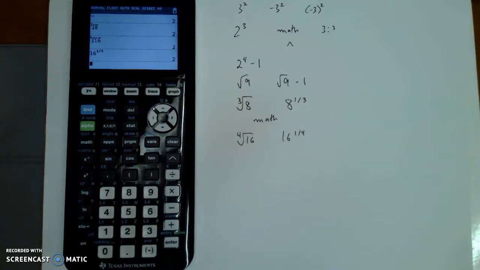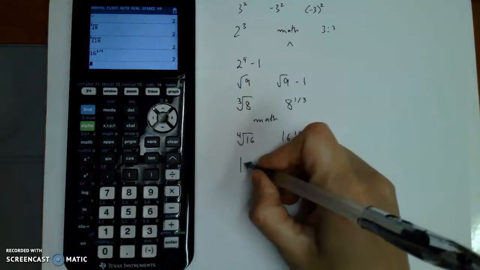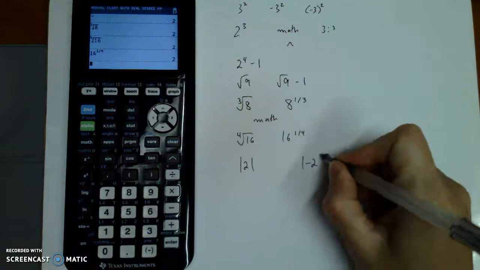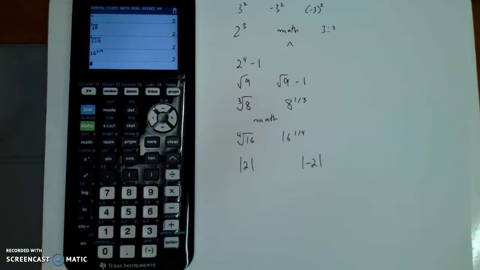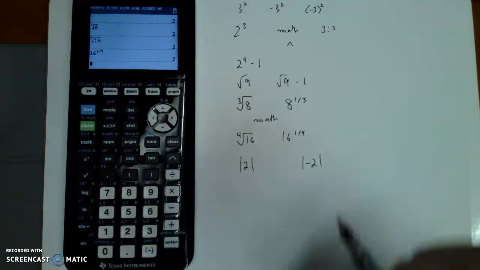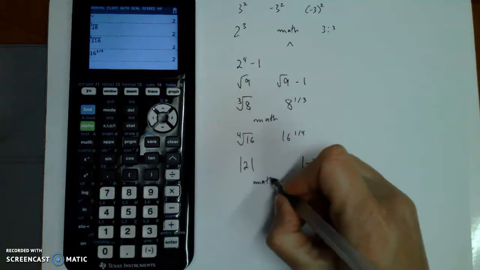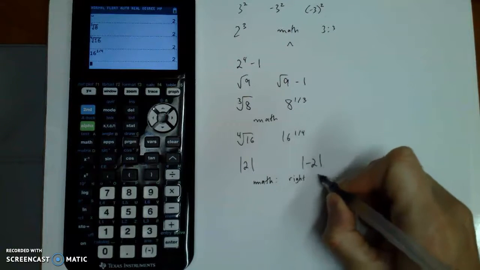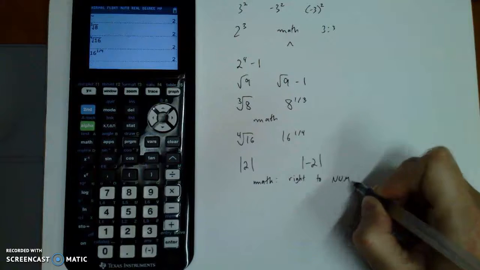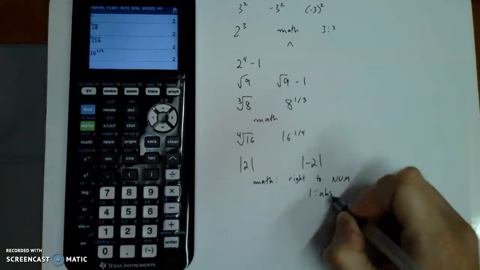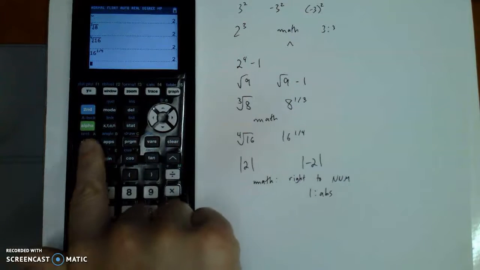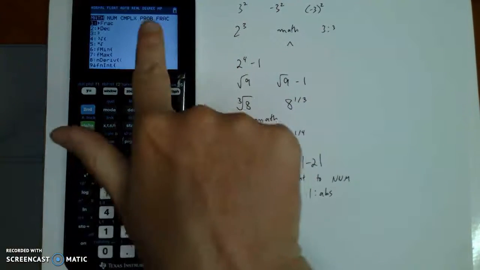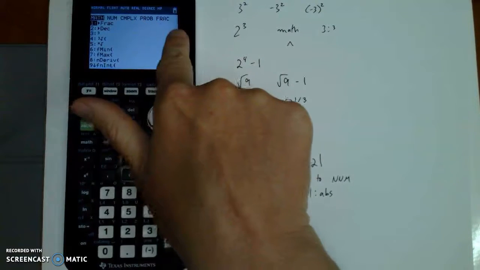Let's also hit absolute value. Now, as we hopefully remember from mathematics, if I take the absolute value of a positive, it will stay positive, but that negative should turn positive. Now, the absolute value button is kind of hidden. I am going to go to the math menu again, so my good old math menu, but we have some submenus.